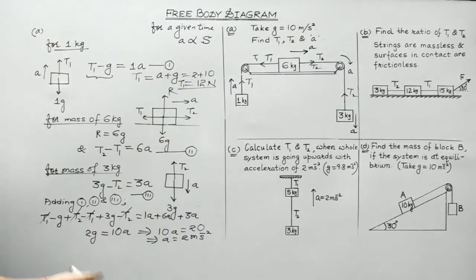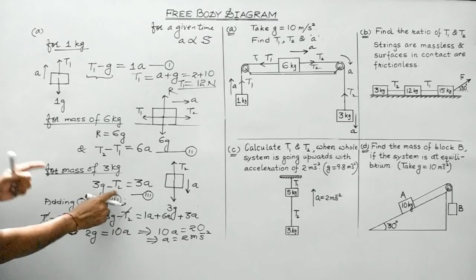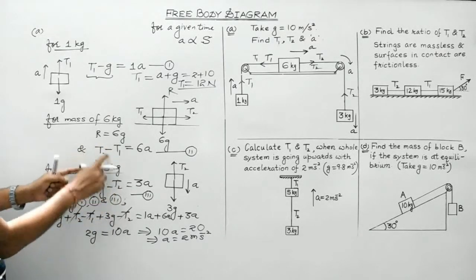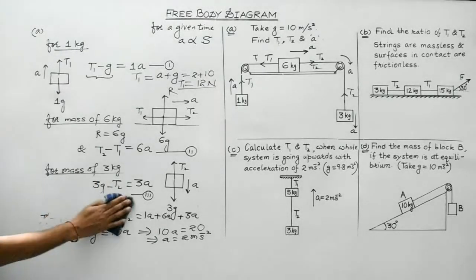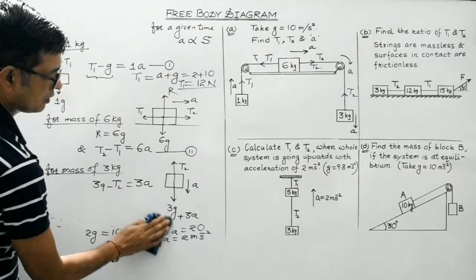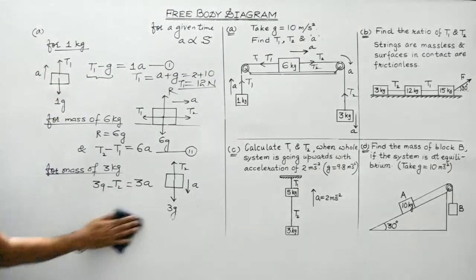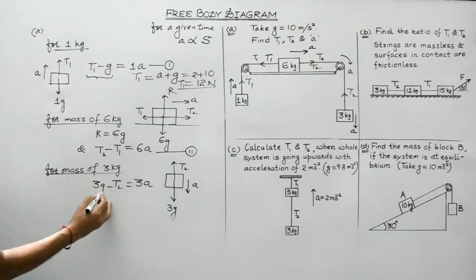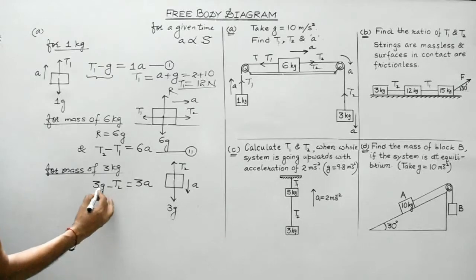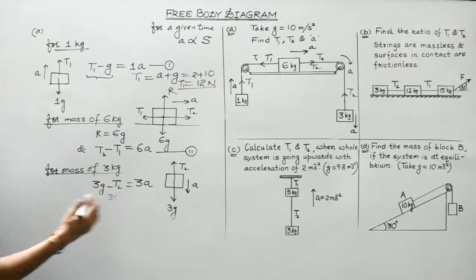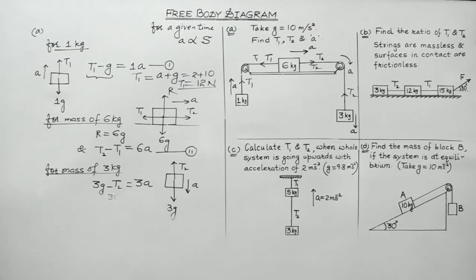Similarly, T2 can be obtained by using this relation, isn't it? Or this, either of these two. So let's substitute the value of A over here. So A is 2, G is 10.